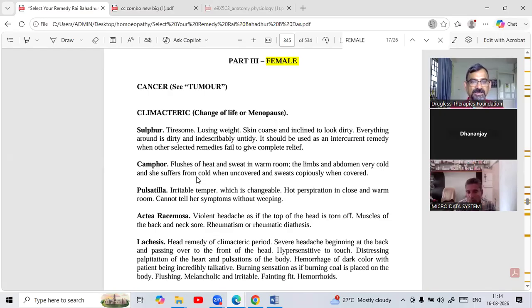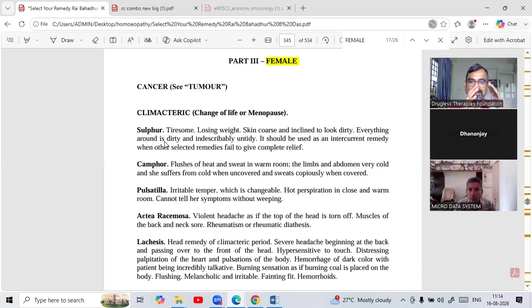You just see this, and then after going through this, go to the Boericke Materia Medica. That also, the online PDF format, I already shared with you. Go to that Sulfur and confirm with all other symptoms. Classically, you must do like this.